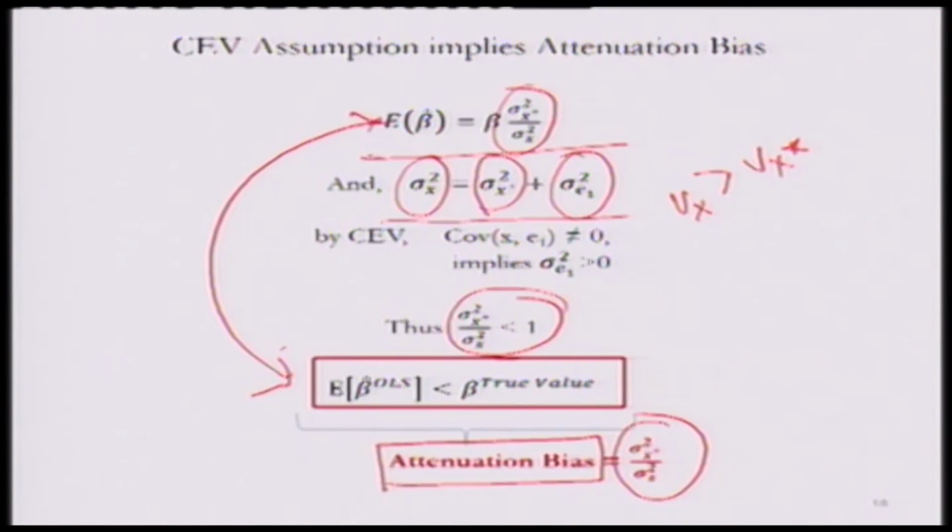So, what we just saw is that a measurement error in the explanatory variable can have two cases. In the first case, the reporting error is uncorrelated with the observed value of x, which is the first case that we discussed, and in that case there is no bias in the OLS estimate of beta, given by beta hat OLS.